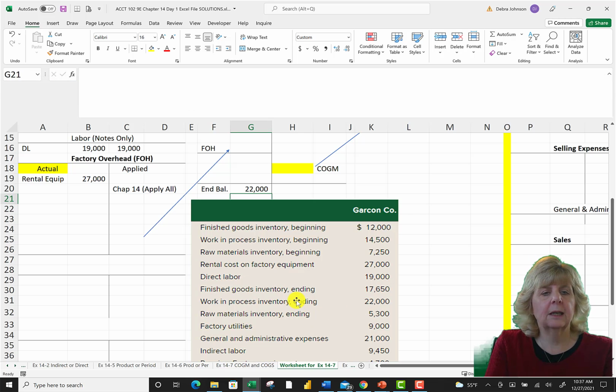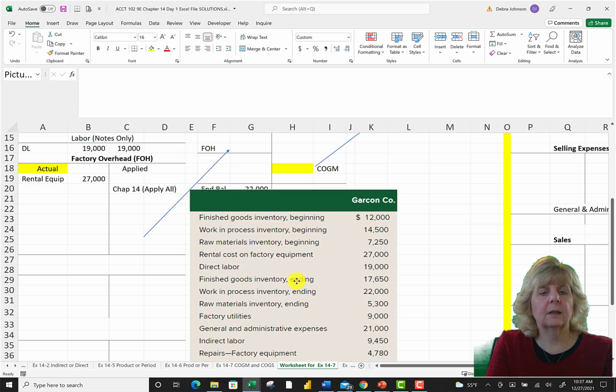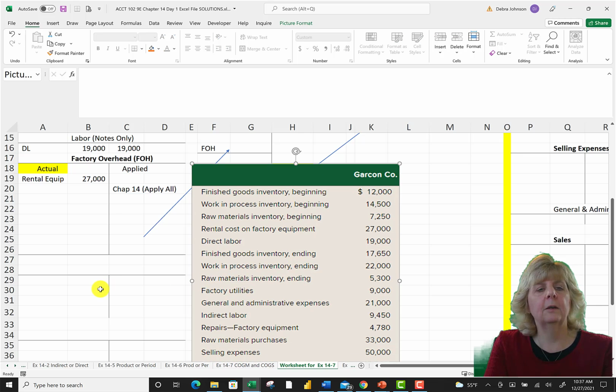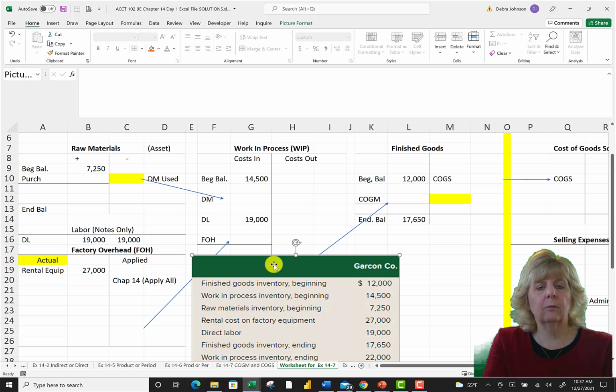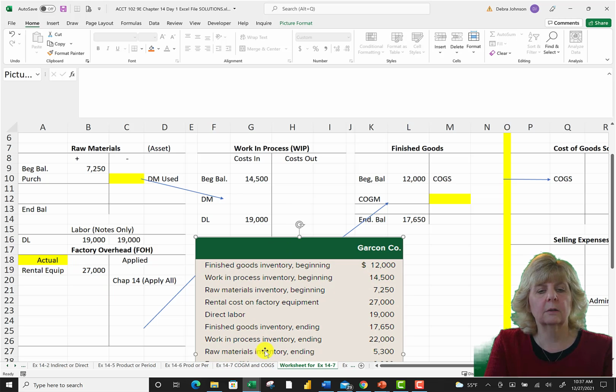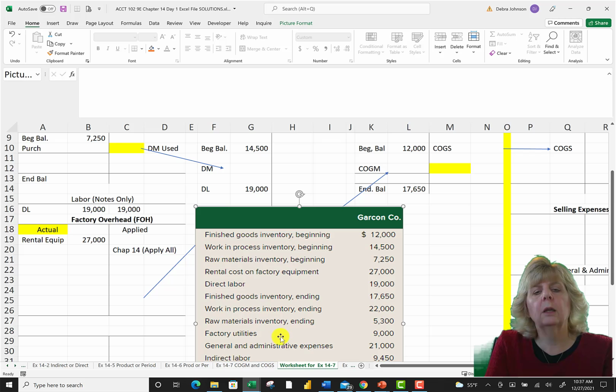And now I'm just going to keep looking at this account. I'm going to keep filling the items in. And when we're done, we'll have a complete list of what happened to all the costs. So I'm going to keep going here. We had the finished goods ending balance. We entered that in. We had the WIP balance.